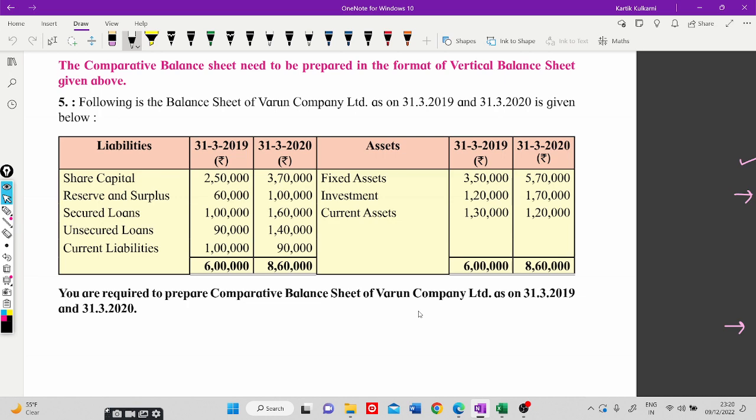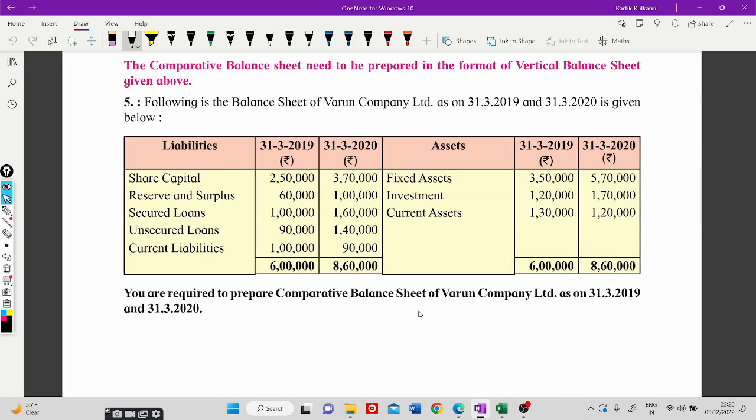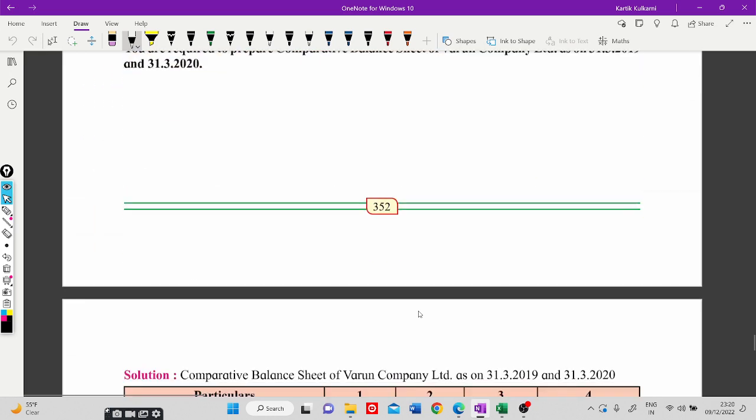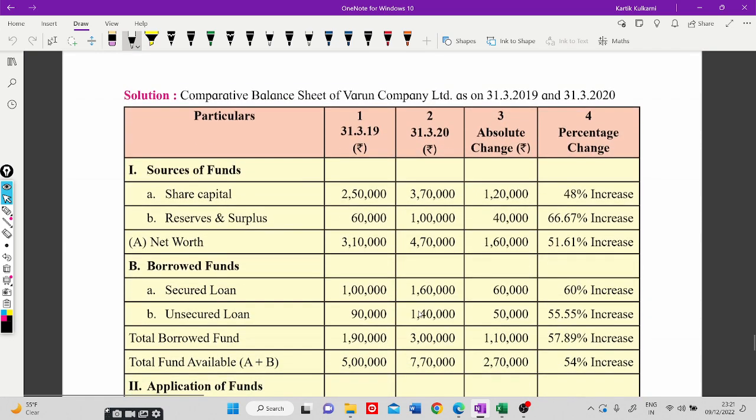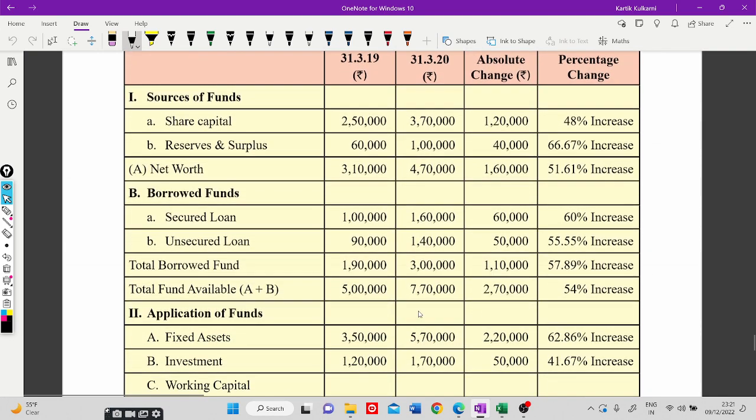So here this is the problem from the textbook which we have just discussed. We can see here in the answer, even in the same way they have expressed it. Share capital 48% increase, 66.67 reserves and surplus increase, 51.61% there is an increase in the net worth.